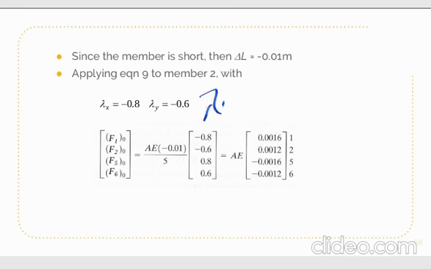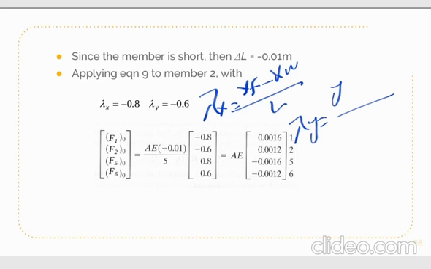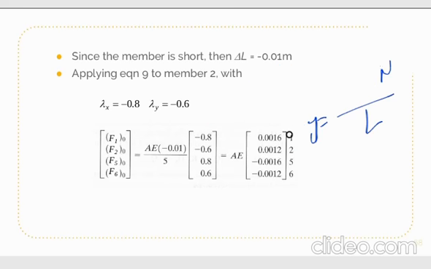Lambda X equals X far minus X near over L, and lambda Y equals Y far minus Y near over L, for each member. So you can actually do by yourself how we can find lambda X and lambda Y for members 1, 2 and also member 3.